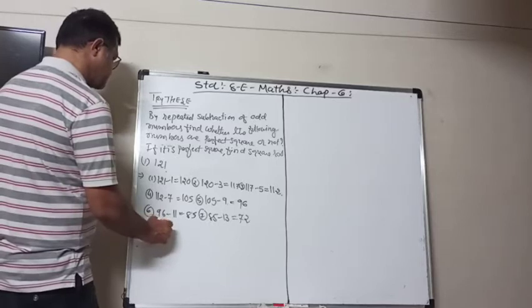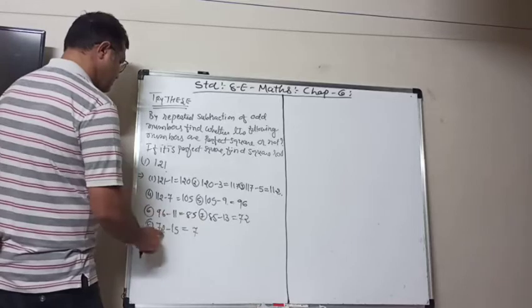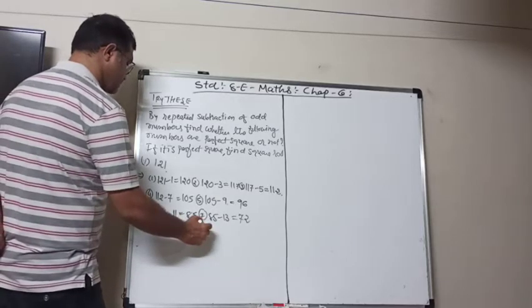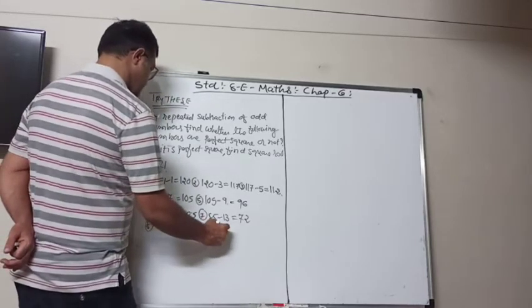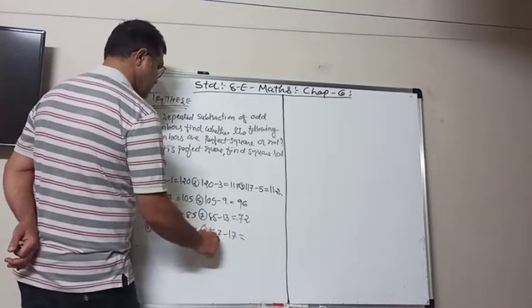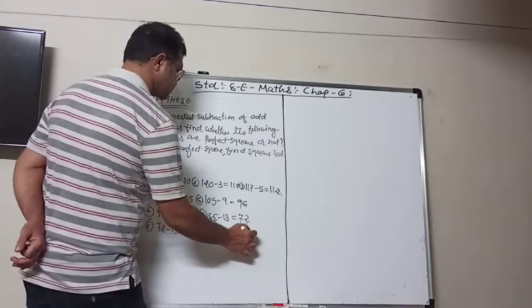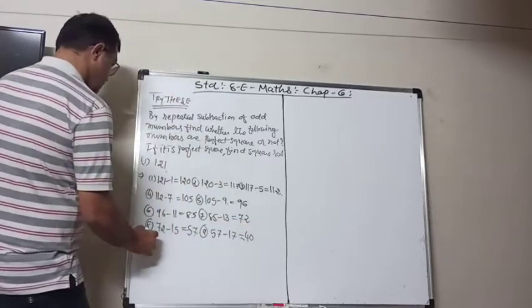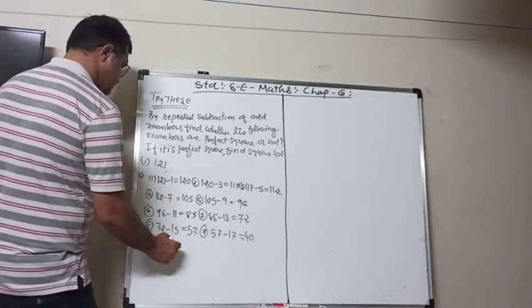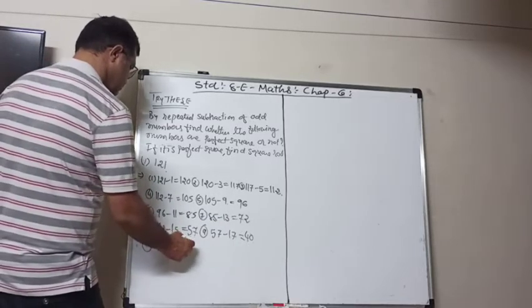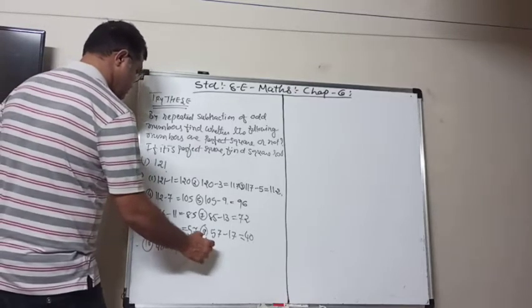The eighth term is 72 minus 15, which is 57. Ninth, 57 minus 17, which is 40. Then 40 minus 19, which is 21.